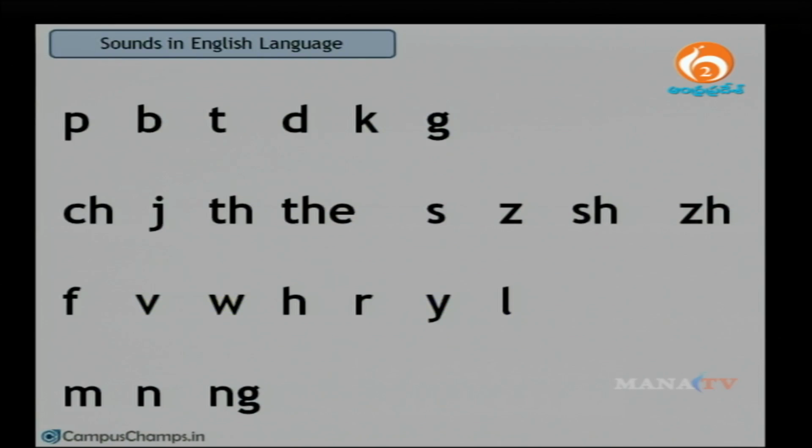I'll take a 10-second pause here so that you can make a note in your notebook, because in the next slide I am going to give you examples. So, please make a note of all these sounds.